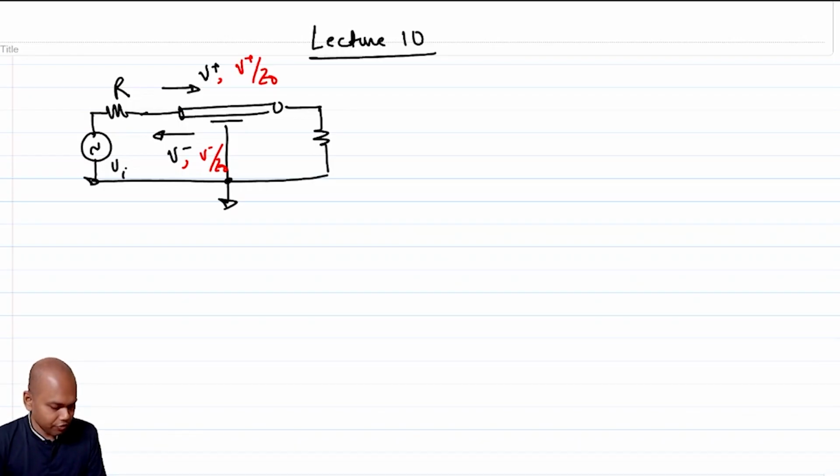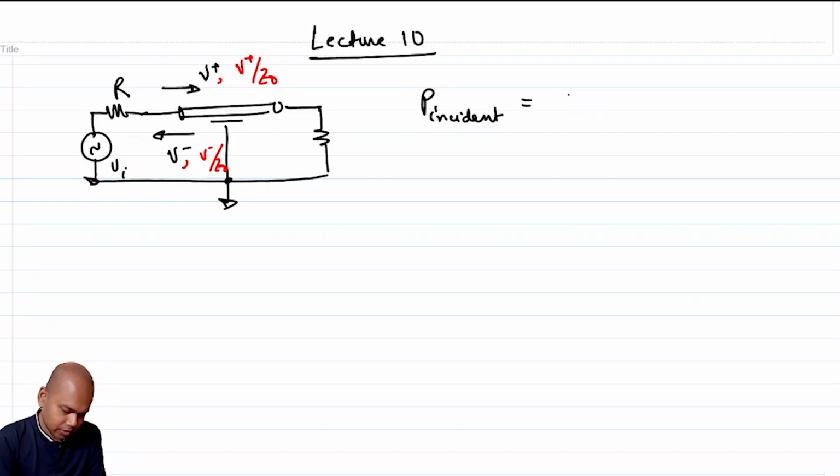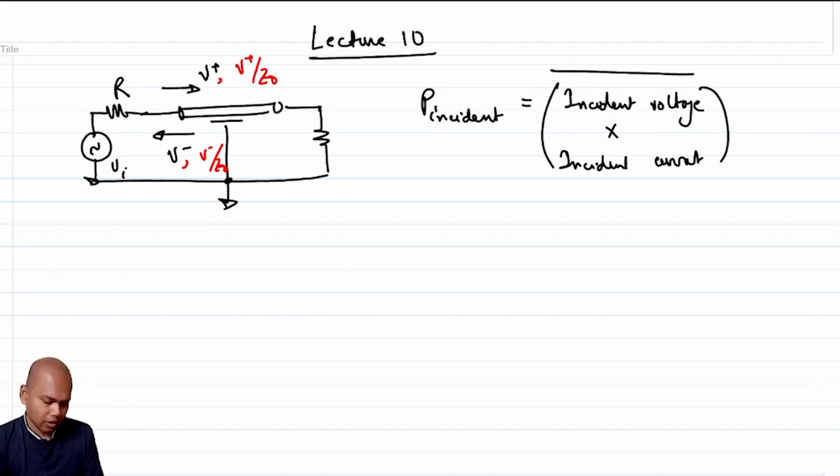At a very rudimentary level, I can simply say that the incident power is equal to the incident voltage times the incident current, an average of that.